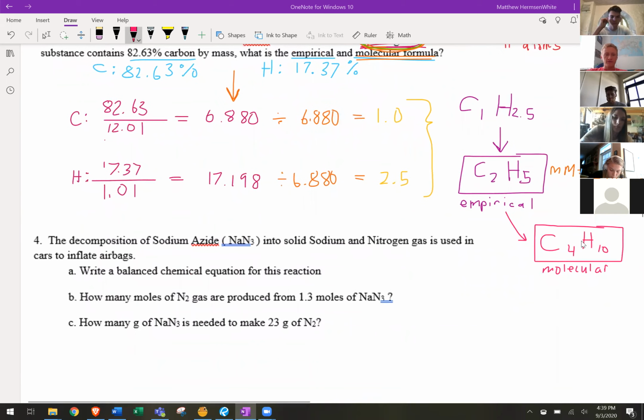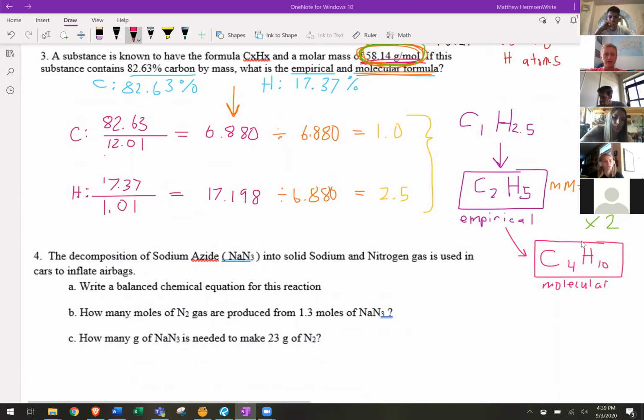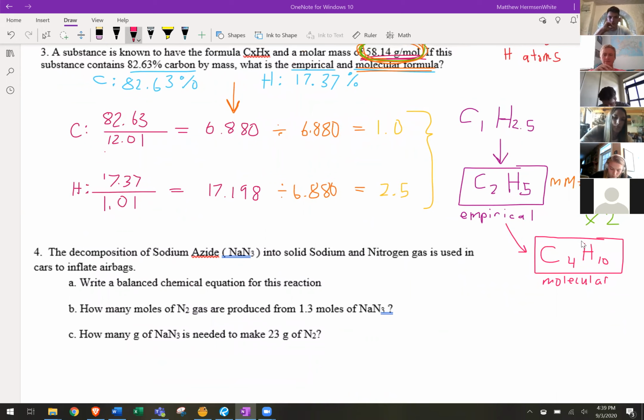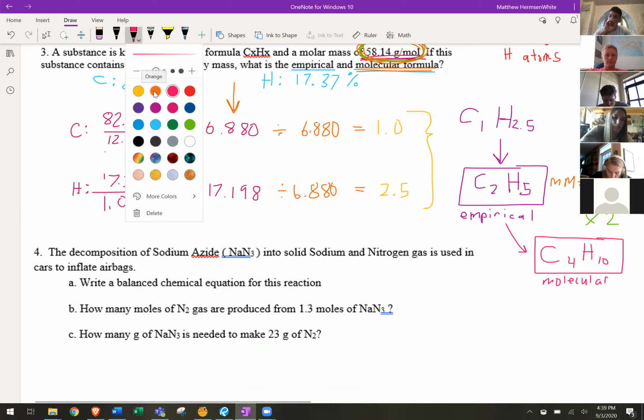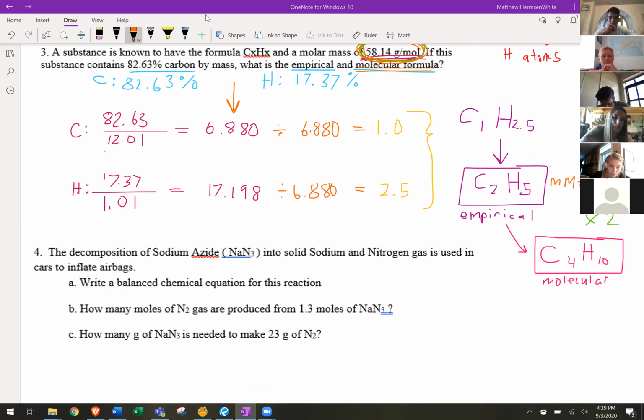So I want to move on to number 4, which is in regards to a chemical reaction. So let's read this problem, and I'll give you a minute to copy it down to your paper. And then we can discuss how we would go about this.